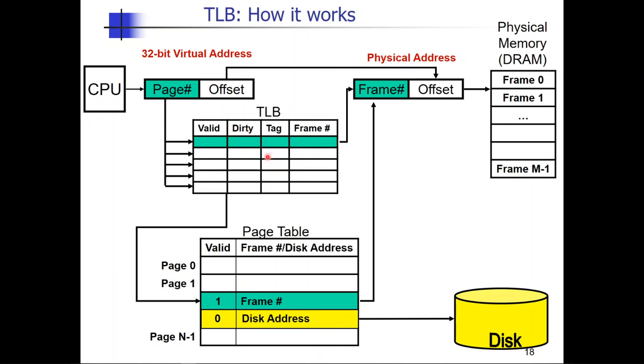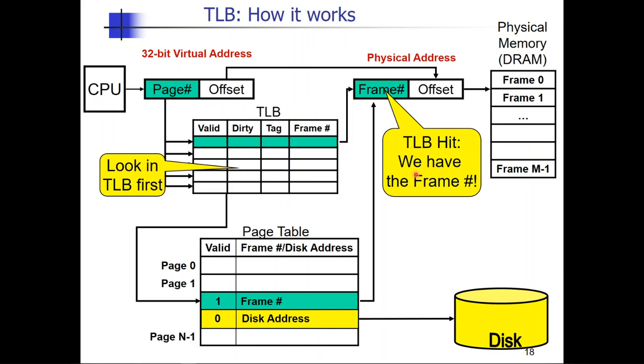So what are we going to do first? The first goal is going to be to make this fast. The only way we can make this fast is to look for that mapping or translation in this TLB first. If we have a hit, which means we immediately have the corresponding frame number, we were able to save 1 memory access.